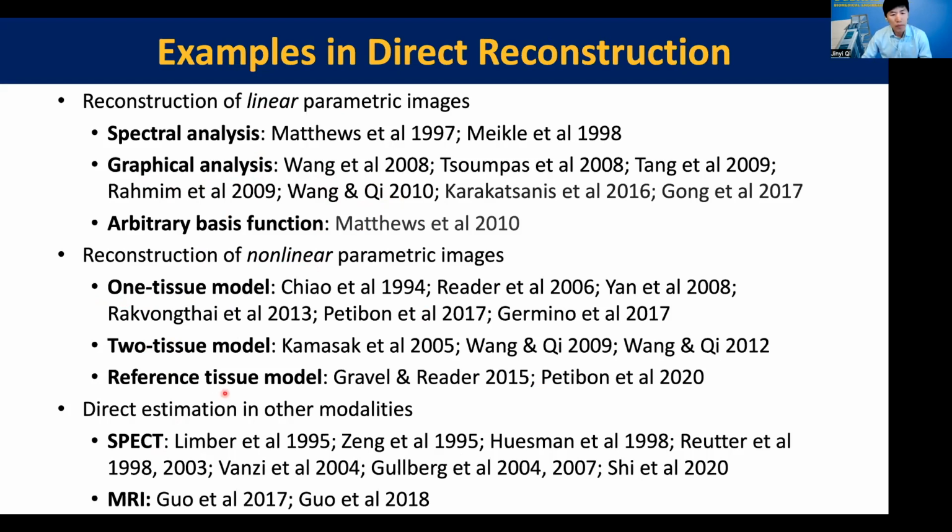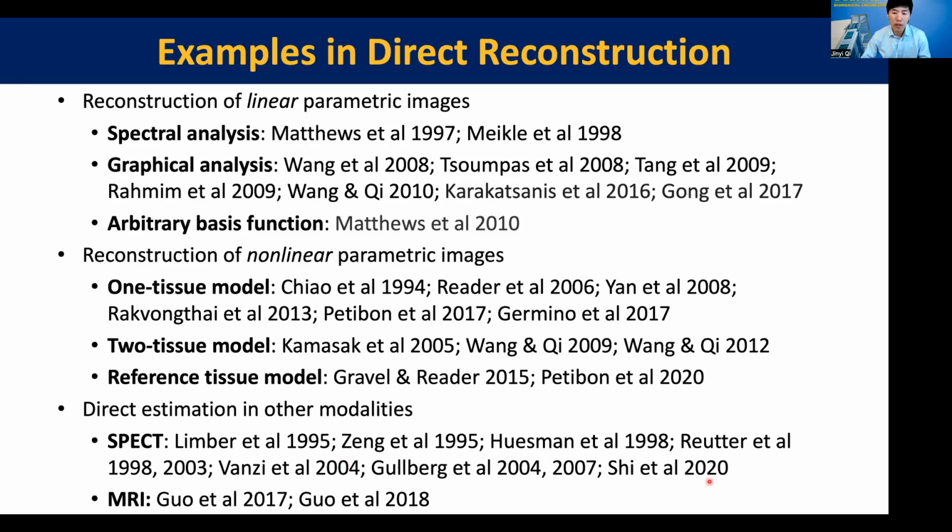I should note that direct estimation has also been applied to other imaging modalities as well. There's a lot of early work on SPECT reconstruction. Some of it is driven by the requirement of the slow rotation of SPECT, where the whole sequence has to be reconstructed at the same time.